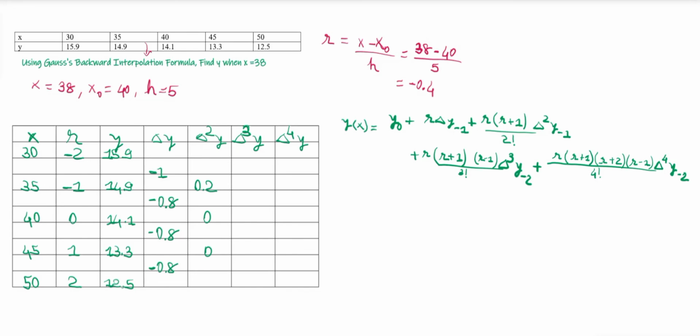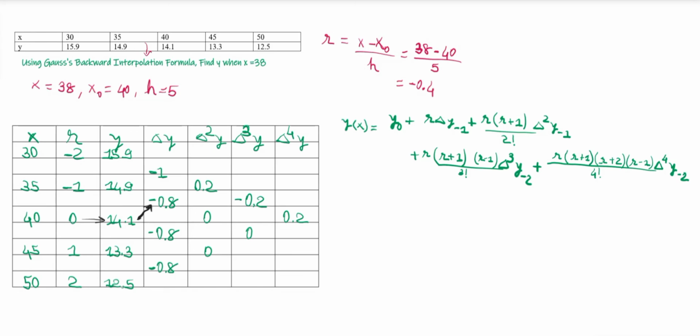Now minus 0.8 minus minus 1, which will be 0.2. Minus 0.8 minus minus 0.8, which is 0. And minus 0.8 minus minus 0.8 is 0. Then 0 minus 0.2 will be minus 0.2, and 0 minus 0 will be 0. And lastly, it will be 0 minus minus 0.2, that is equal to 0.2.